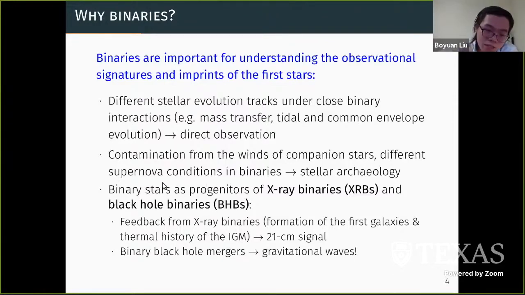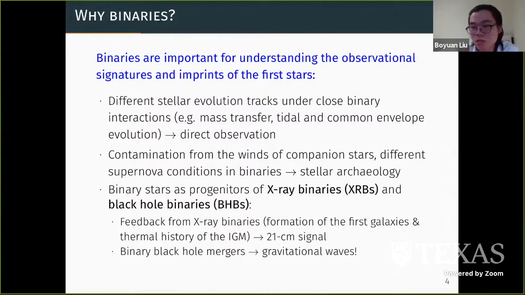Last but not least, binary stars are also progenitors of X-ray binaries and black hole binaries. X-ray binaries can have very interesting feedback on the formation of the first galaxies and also the thermal evolution of the IGM, for example, recorded in the 21 centimeter signal.